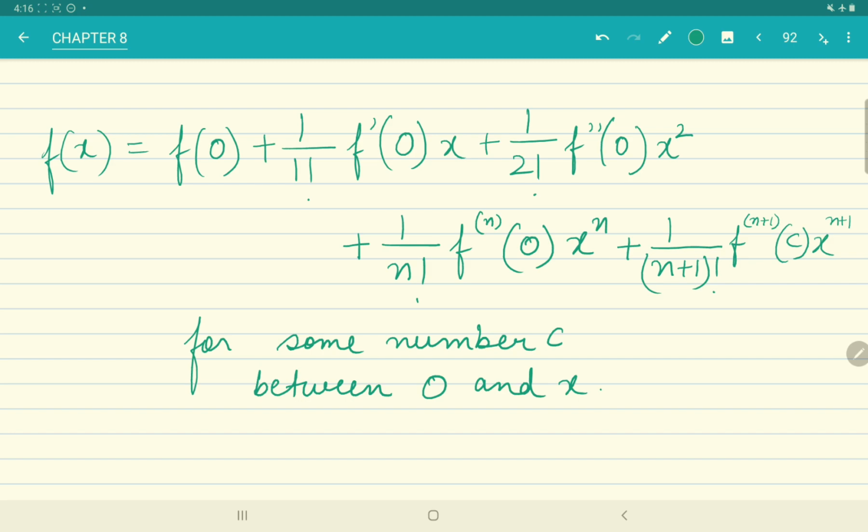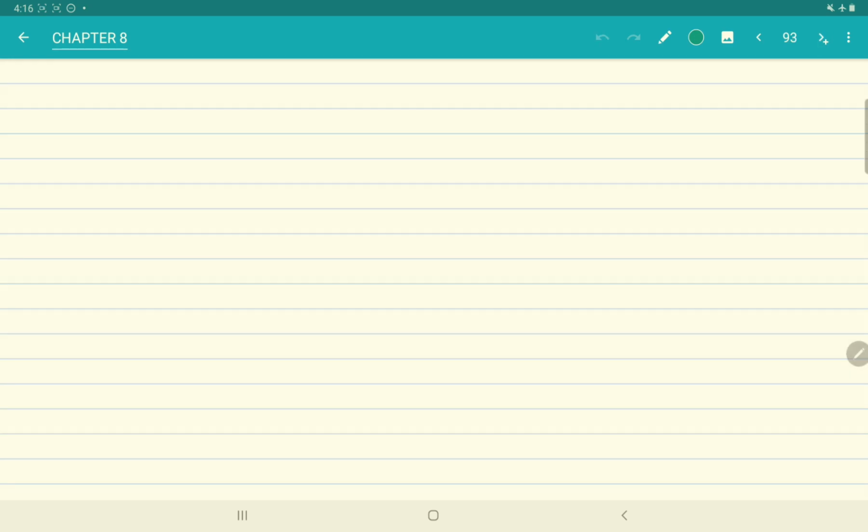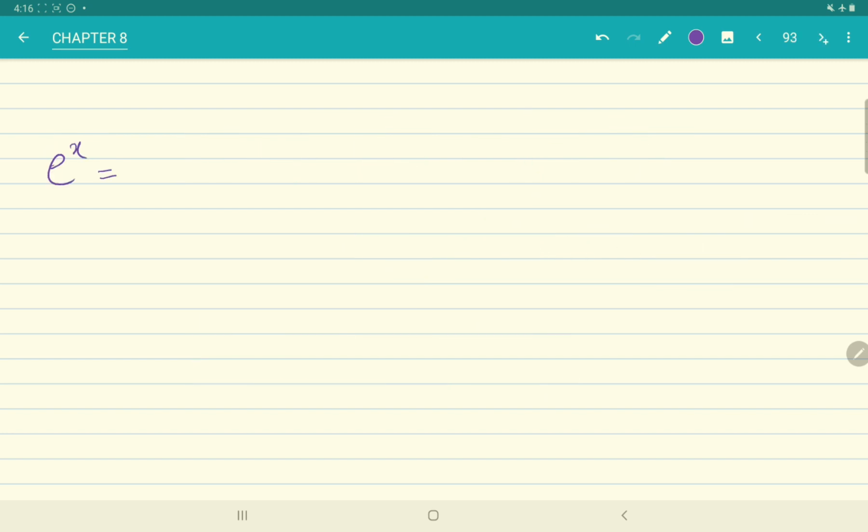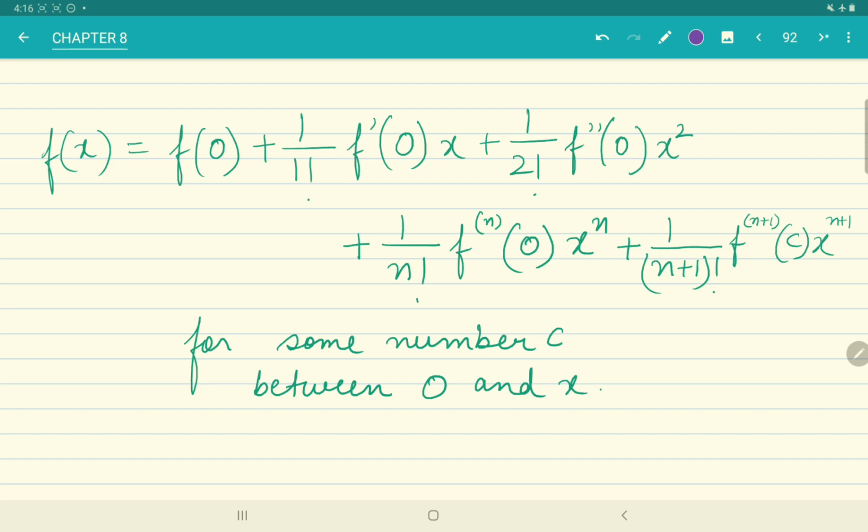Given this, we can write the Taylor's formula for e raised to the power x, and that will give us e raised to the power x, that is my f of x, f of 0. f of 0 is e raised to the power 0, which is 1, plus 1 upon 1 factorial f prime 0 multiplied by x. I know in this case that f prime 0, f double prime 0, and all these values are equal to 1.